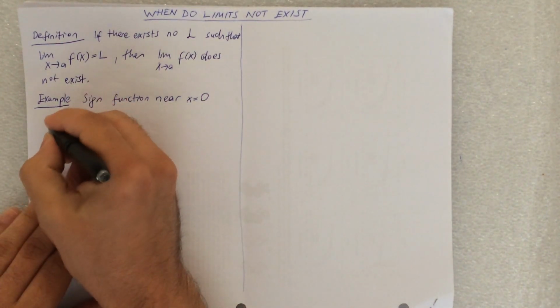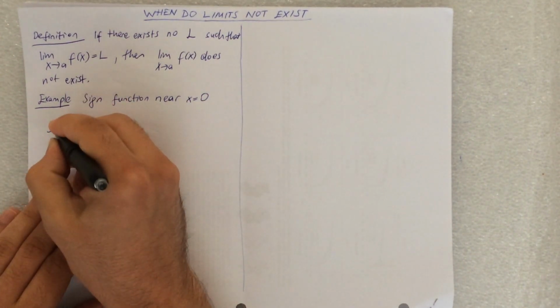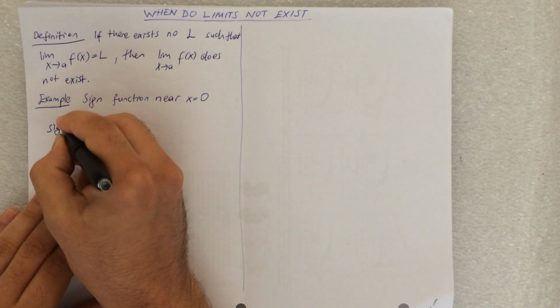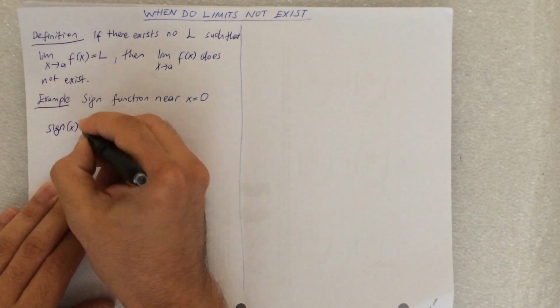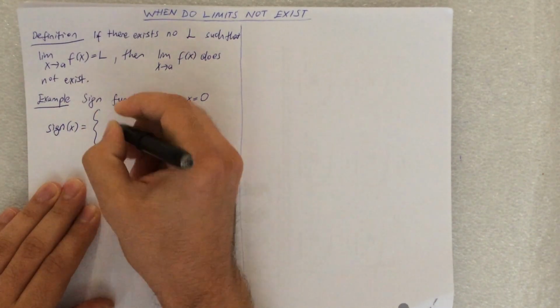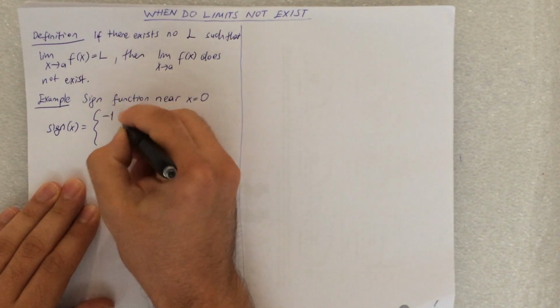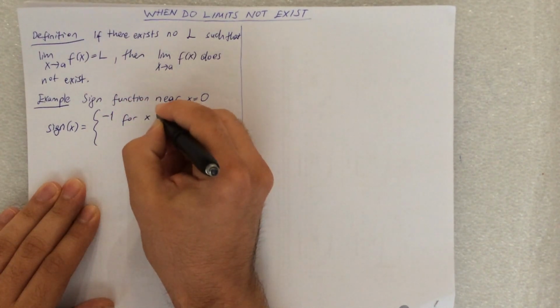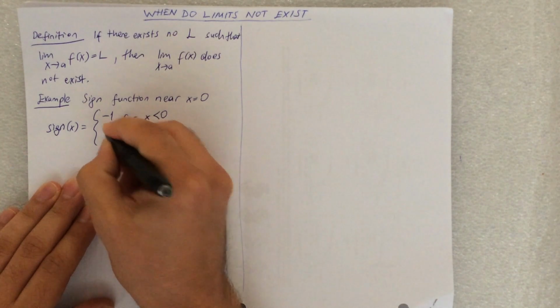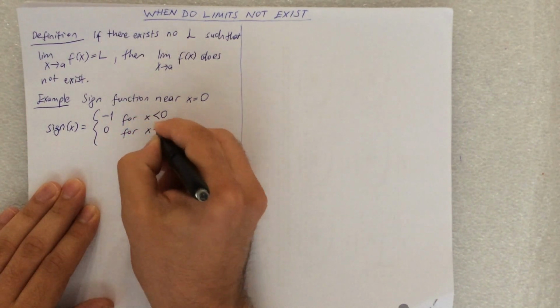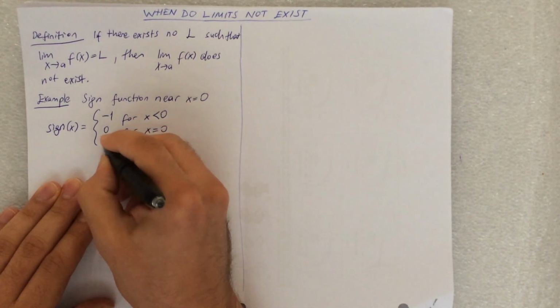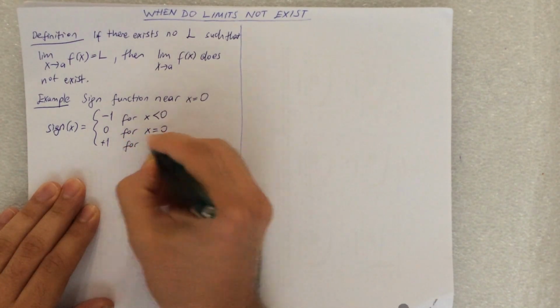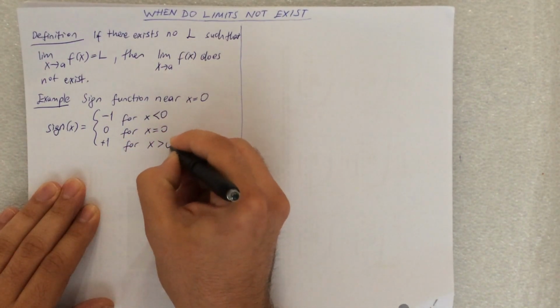For those who don't know, sign x is equal to -1 for x negative, 0 for x equal to 0, and +1 for positive values of x.